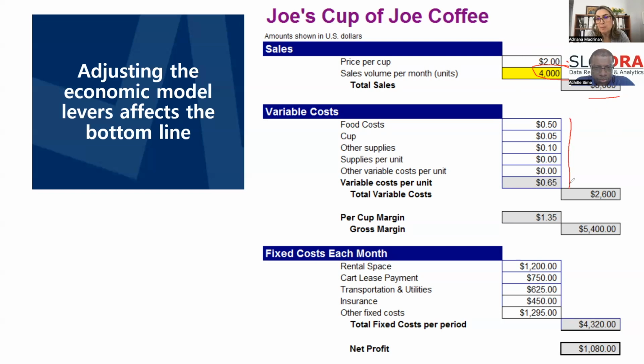My cost is still the same, 65 cents. It hasn't changed. But my dollar amount changes because this is 65 cents out of that $2 that goes for me to do that product. My cost is still the same, 4,300, but I made a profit of 1,080 by selling 800 units more, from 3,200 to 4,000.